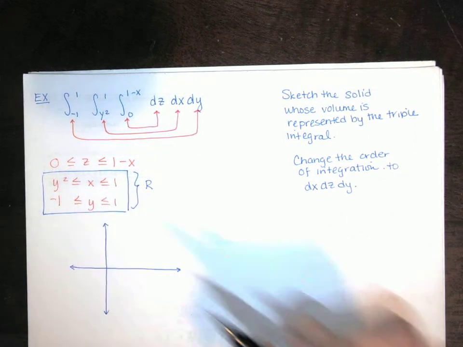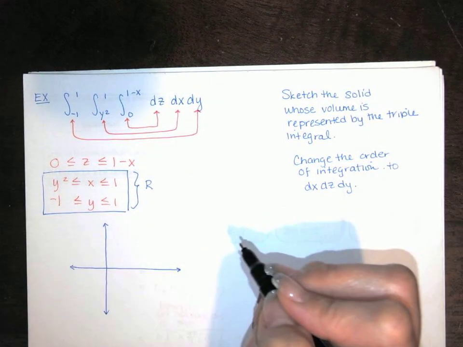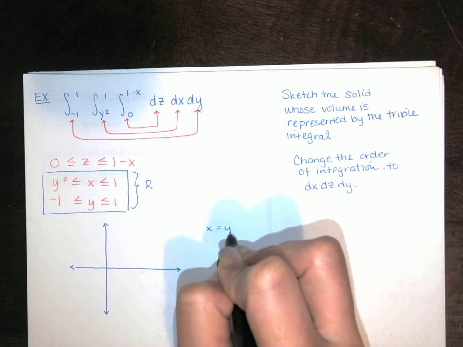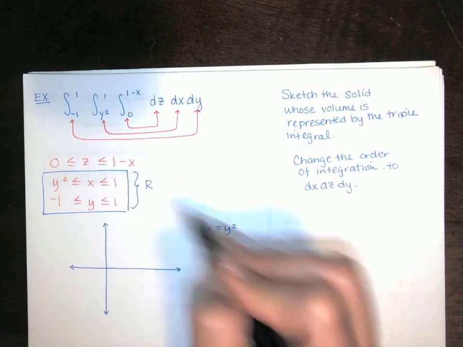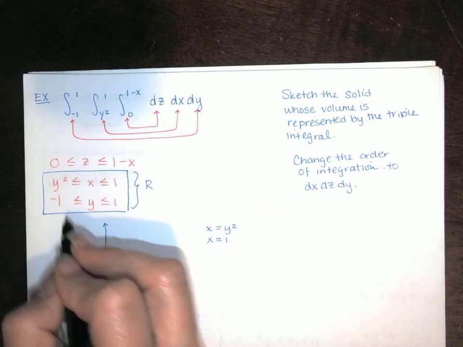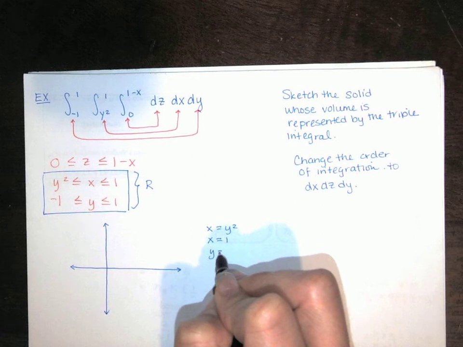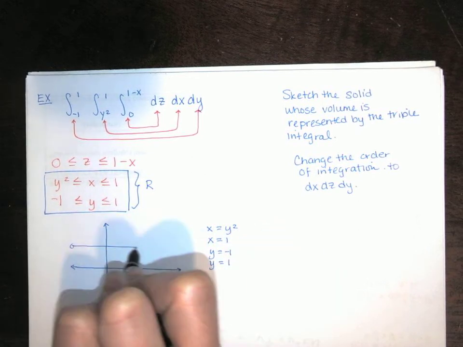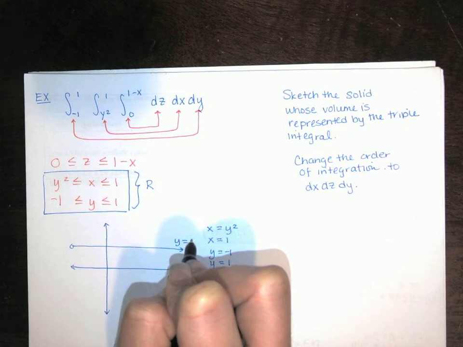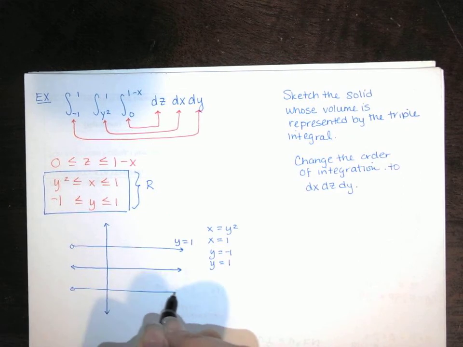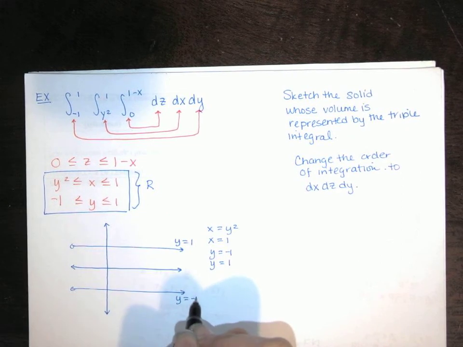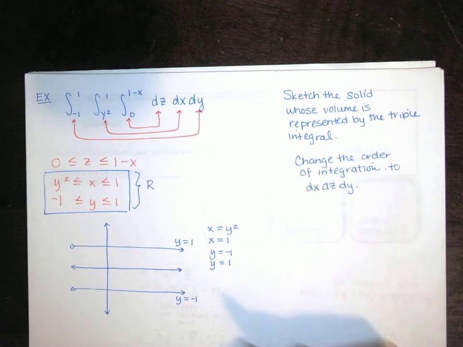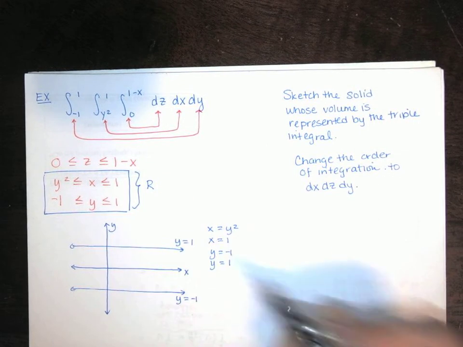Now this represents 4 different equations. I've got x equals y squared, x equals 1, y equals -1, and y equals +1. So y equals 1 is here, y equals -1 is there. Just a couple of horizontal lines.